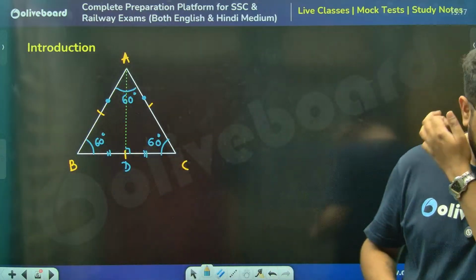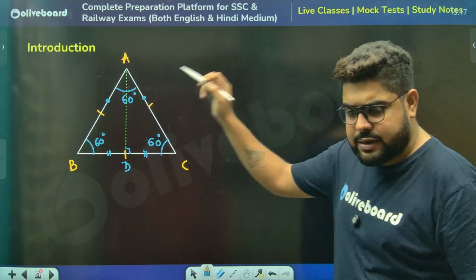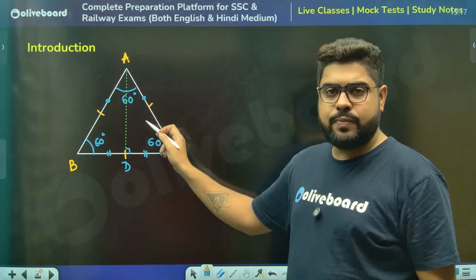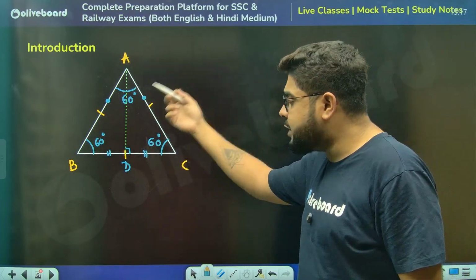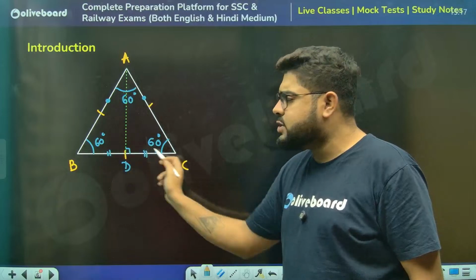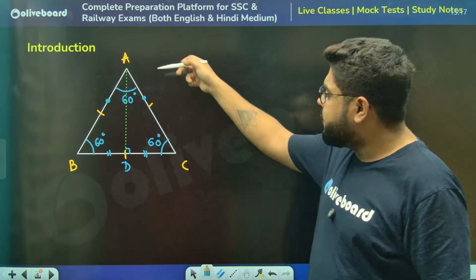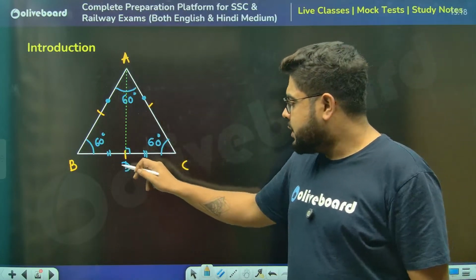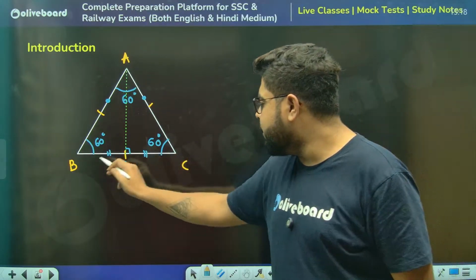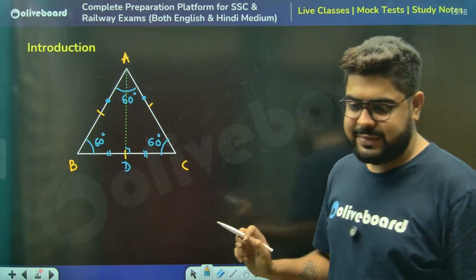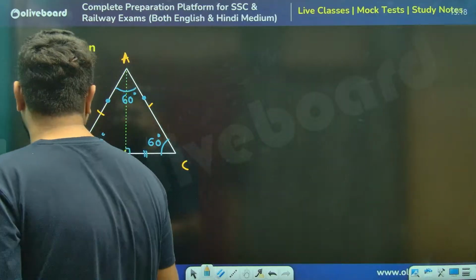Remember once again, if in any triangle these two sides are equal, it might not be an equilateral triangle, it might be an isosceles triangle where only these two are equal and this is not, then also if you drop a perpendicular, it will always bisect the third side. Meaning BD will be equal to CD.